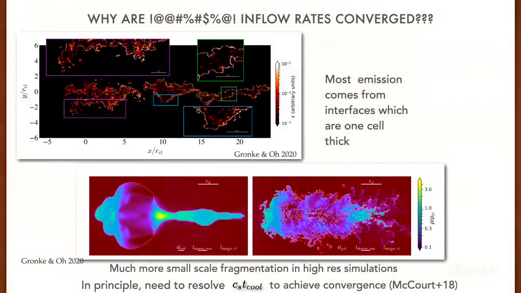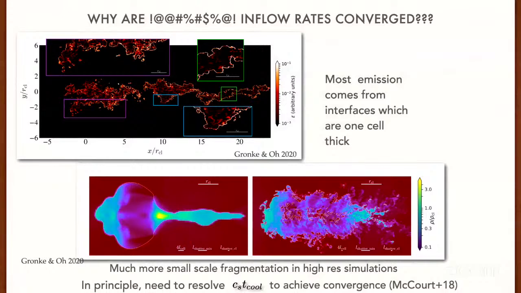So the shocking thing is that although when you look at these, they have so much structure, and there seems to be more and more surface area as you go to higher and higher resolution, the actual emission you see, the total cooling rates, and the mass transfer rate from one phase to another are numerically converged at very low resolution.